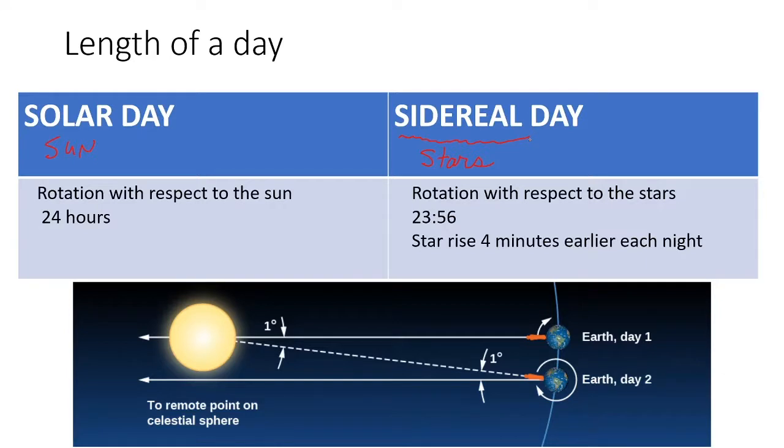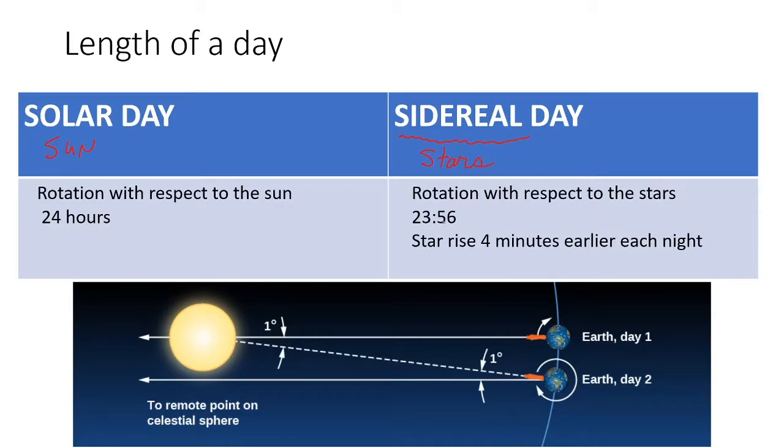So instead of looking at the sun and saying, when does the sun come up and when does the sun go down, we could pick one of the stars and say, no, I'm going to use this. I'm going to use the North Star, or Betelgeuse, or Altair. And what we find there is that because the Earth is moving around the sun also, there's this shift.